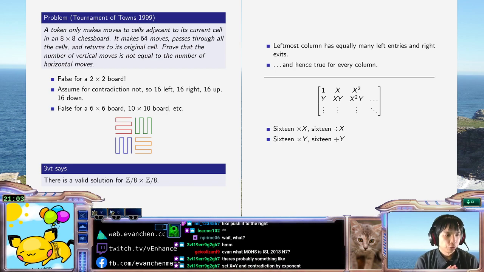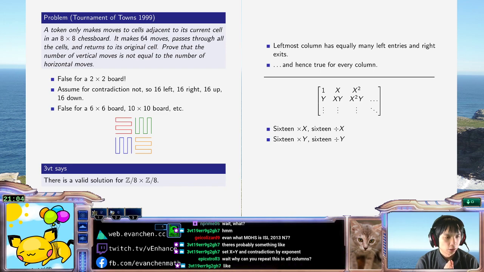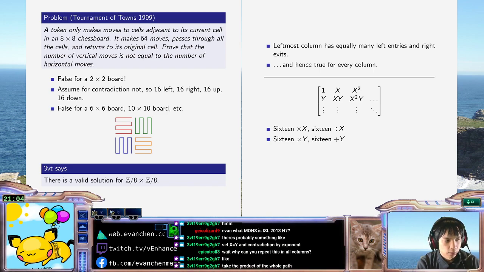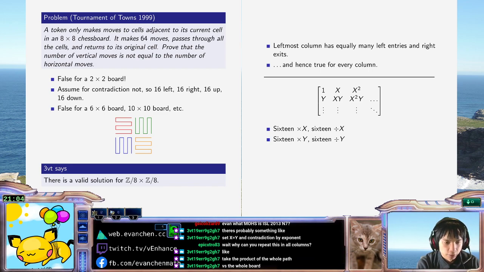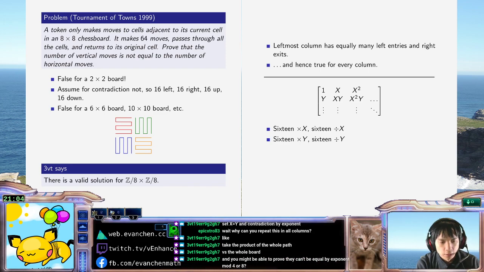Why can't you repeat this in all columns? So in column 1, here, I'll put it this way: number of moves C1 to C2 equals number of moves C2 to C1. So does the repeating work?